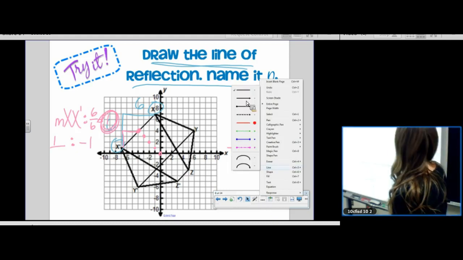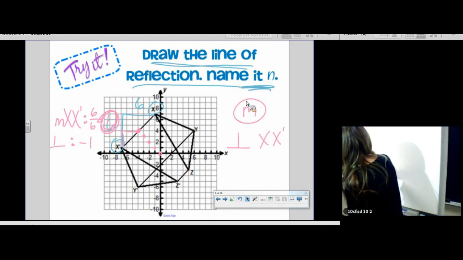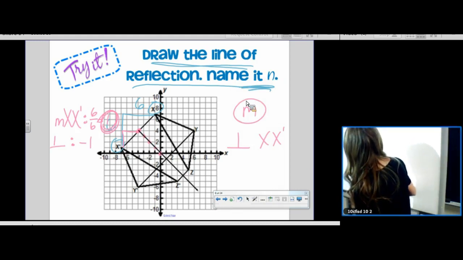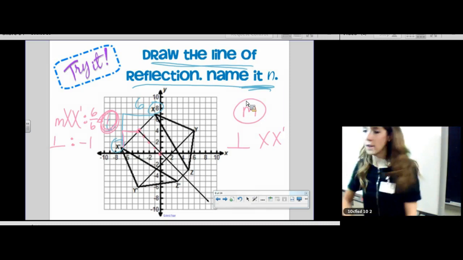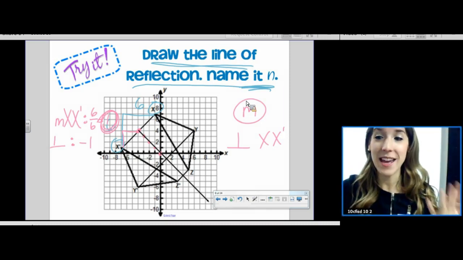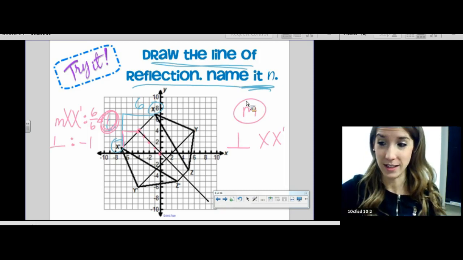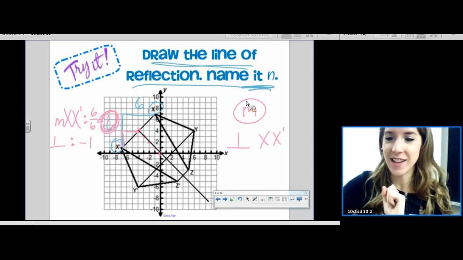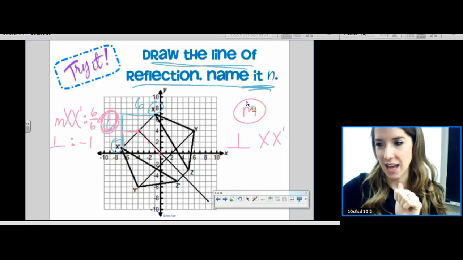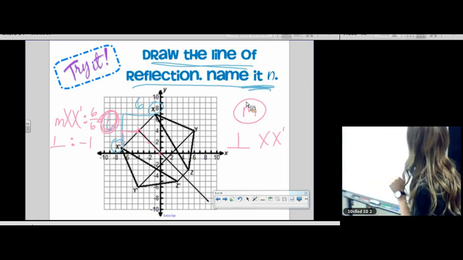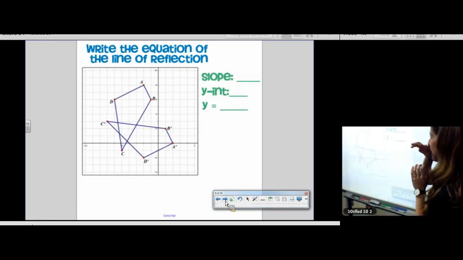And now we have the perfect line of reflection. Okay, so it's actually a 4th way. You now know how to find the line of reflection 4 different ways. Cool. Ooh, that is the line y equals -x. It is in this case. Yes, it is. Okay, very good.